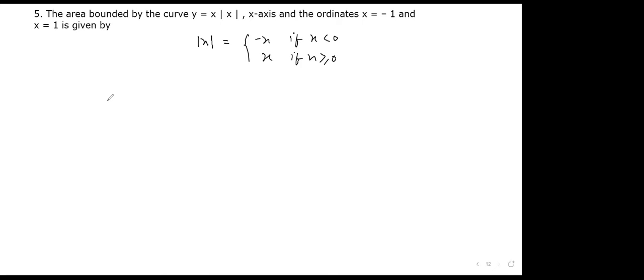So for x less than 0, we have y equals -x square, and for x greater than or equal to 0, y equals positive x square.